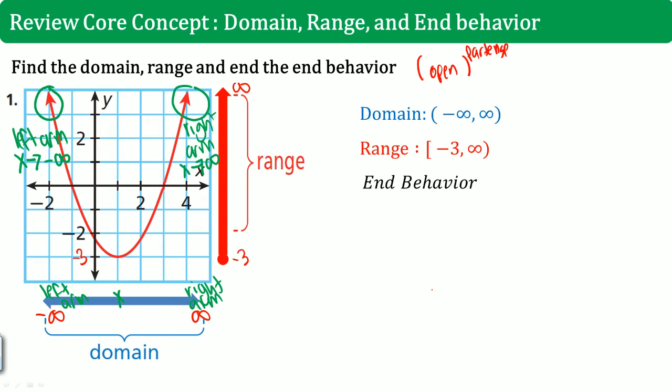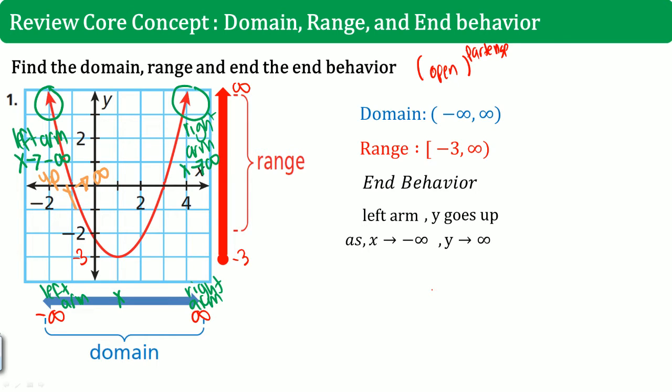Now you have to see if it turns up or turns down. We saw that the left arm here goes up. So here you can say up. So this is when y goes to what? Goes to infinity, because that's the up. So for the left arm, x arrow negative infinity, y goes up, so y arrow infinity.